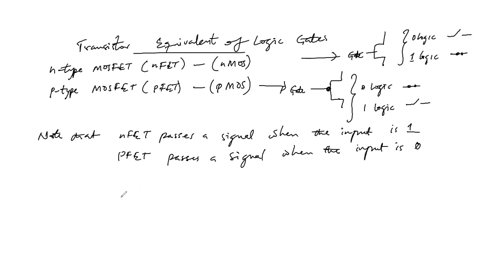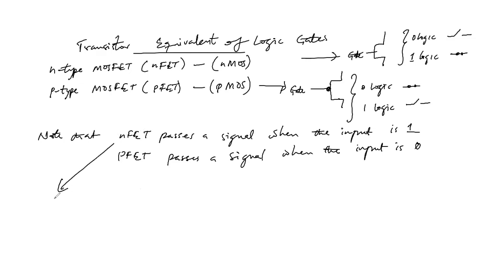So NFETs are like switches, okay, that are closed when the gate is fed with an input of 1 and are open when the gate is fed with an input of 0.